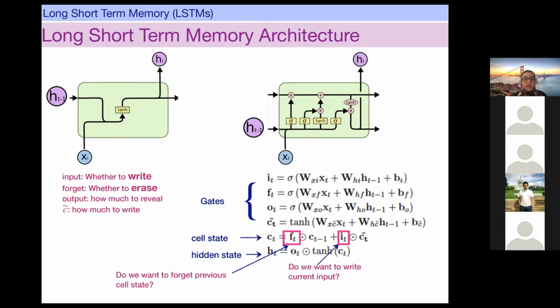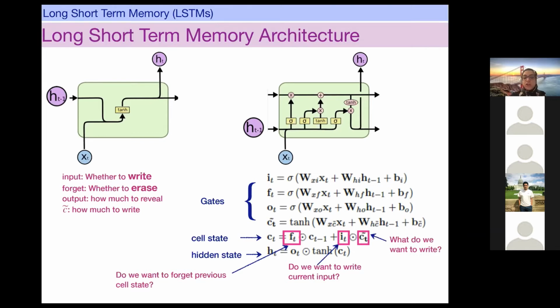And then we have this input gate, which tells us what we want to save, or keep for the next time. Is this input going to be written or not? And then we have the C tilde of t. It tells us what exactly we're going to write.